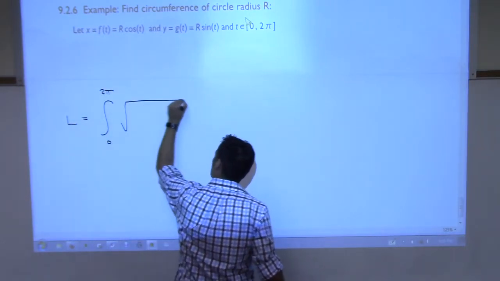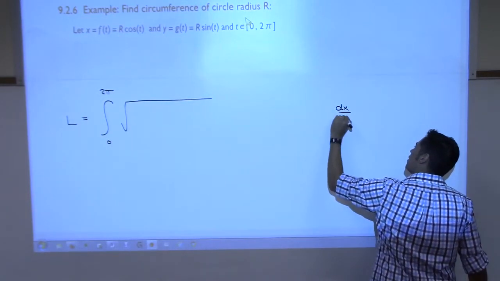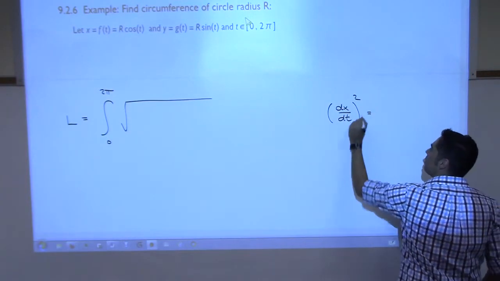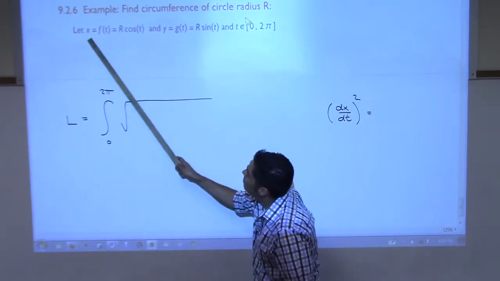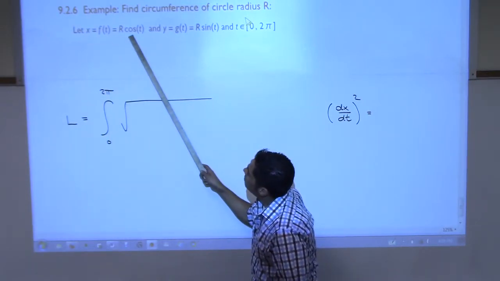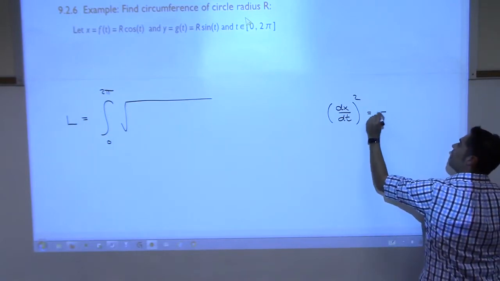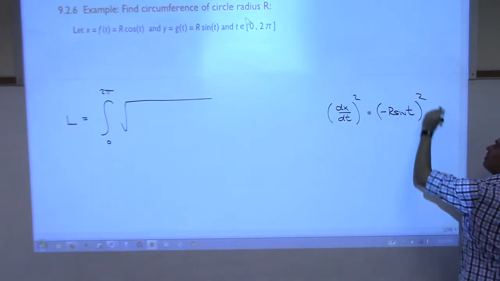square root, and now according to that formula, I need the derivative of x with respect to t, but then square, don't I? What is the derivative of x with respect to t? So that's this right here. With respect to t would be negative r sine t, but then I'm going to have to square it, right?